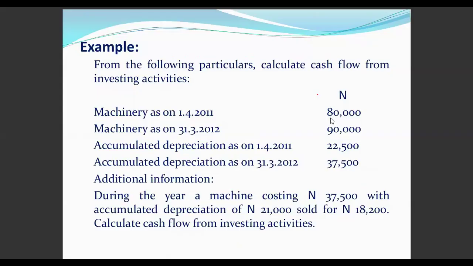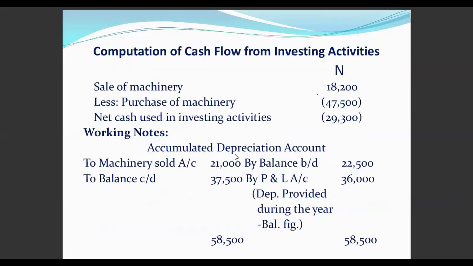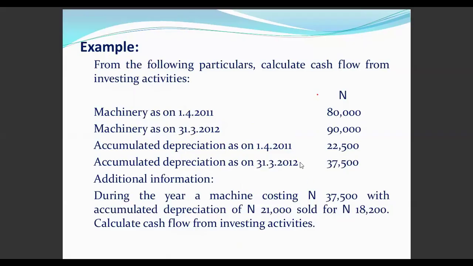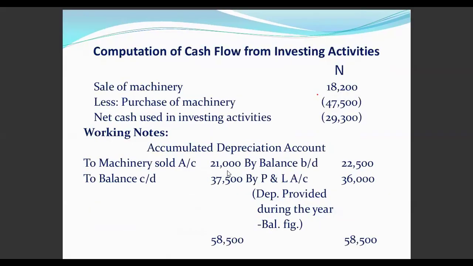The machinery account has depreciation opening balance 22,500 and closing 37,500. The accumulated depreciation on the machinery sold was 21,000. So I write 21,000, and then I'll find out the depreciation which is provided during the year, and it is 36,500. So this is a working note.